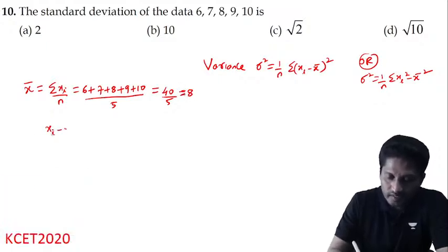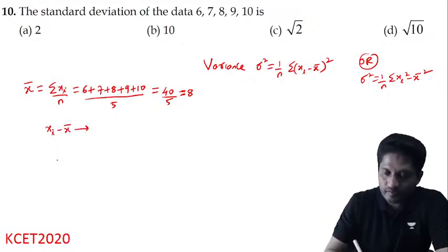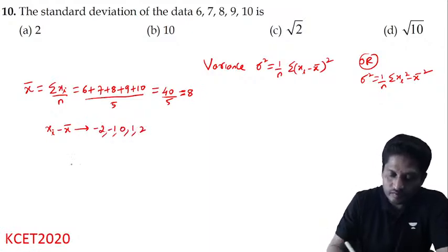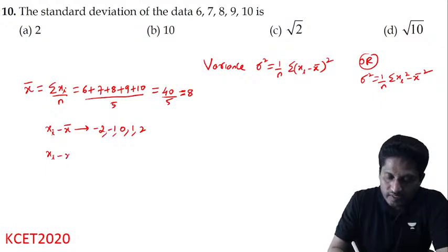Xi minus x bar: if I subtract the values, 6 minus 8 is minus 2, then minus 1, 0, plus 1, plus 2. Xi minus x bar the whole square will be 4, 1, 0, 1 and 4.